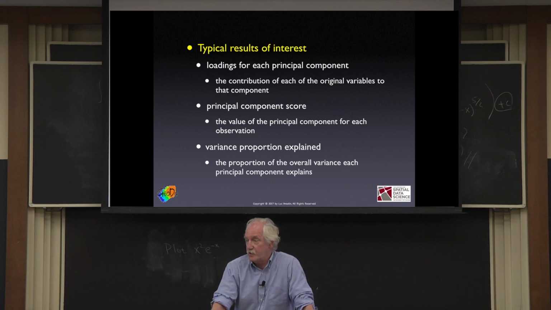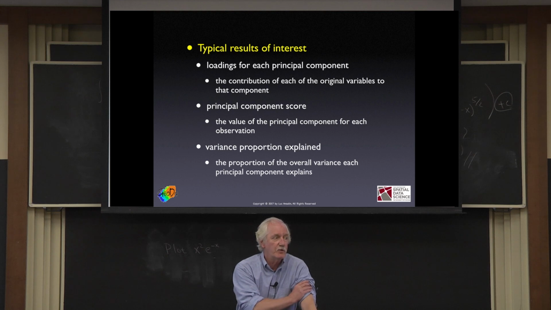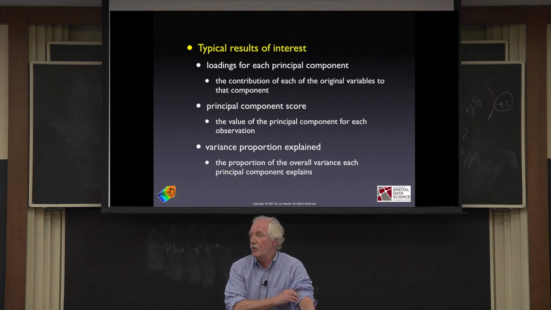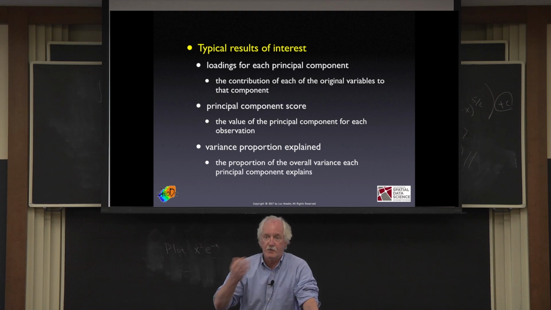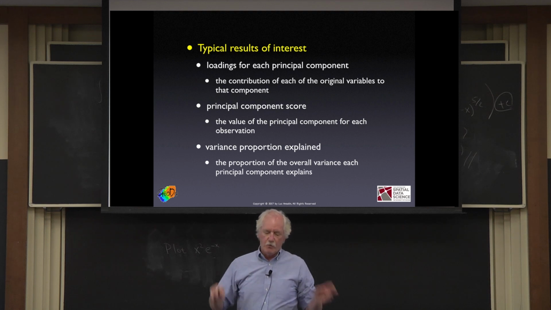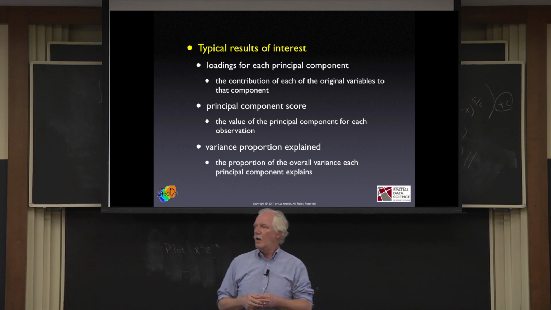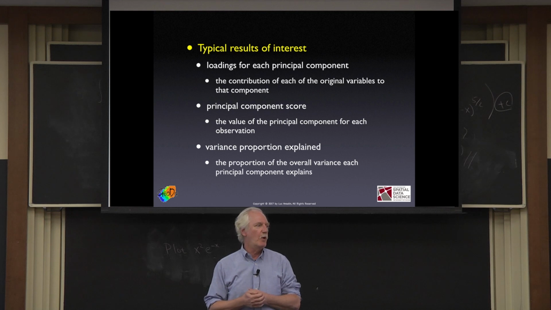Then the other thing, which is very practical, very needed, is the new variable itself, the principal component. You take your original variables, multiply them by these c's, and you get a new variable which you can then use in analysis. For example, a common, quote unquote, solution to multicollinearity. I'm assuming you're familiar with multicollinearity.